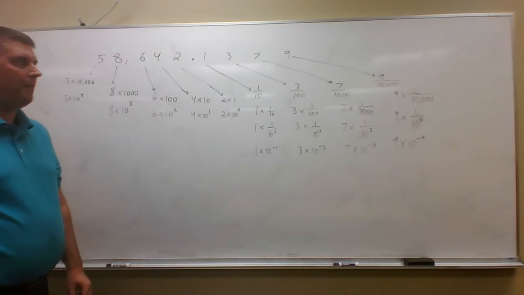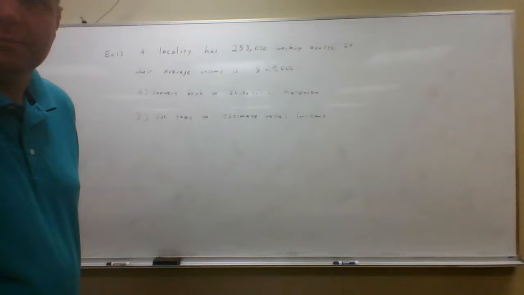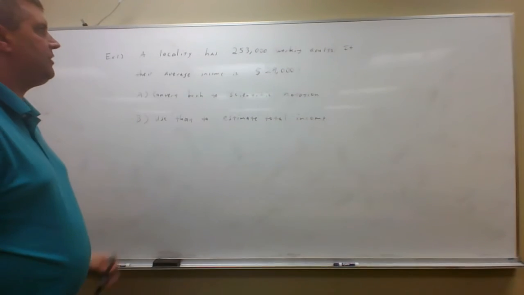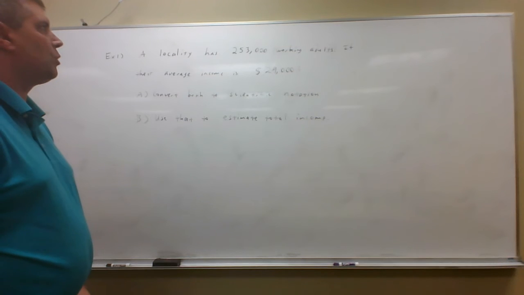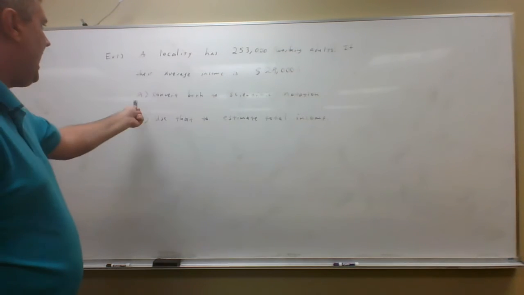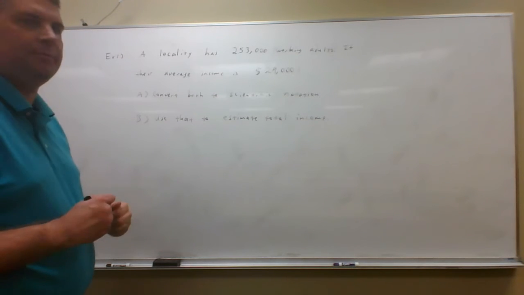So, I'm going to pause here and start putting up real application type problems. Okay, suppose a locality has 253,000 working adults. If their average income is 29,000, A, convert both to scientific notation, B, use that to estimate total income.